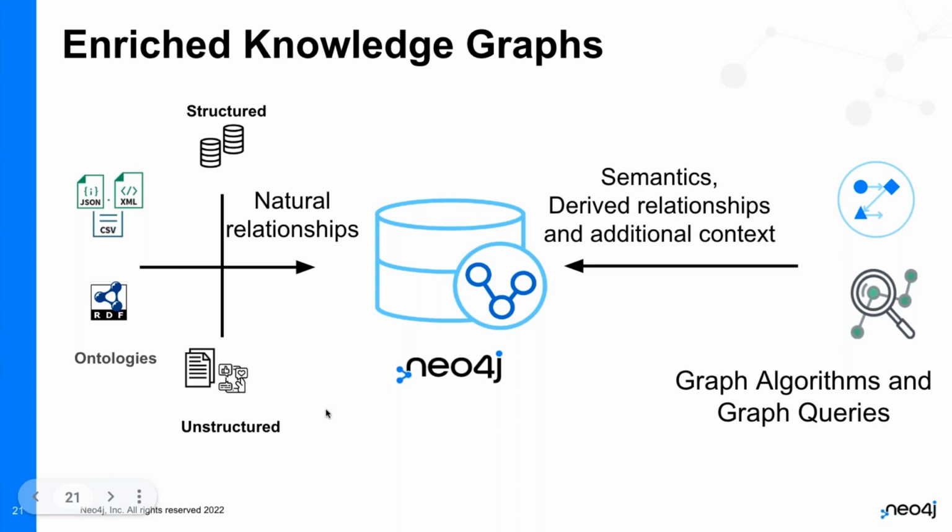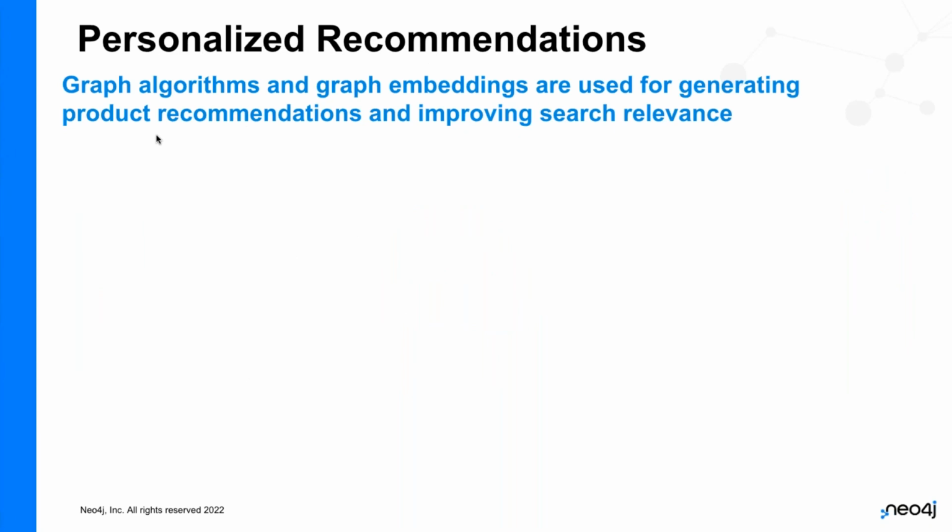If you have a new person or a new customer signed up, you don't know anything about the customer, but you want to throw some recommendations to the customer, to make it more interesting for the customer, right? So by using these semantics, derived relationships, we can generate the additional knowledge, and that's what we call enriched knowledge graph.